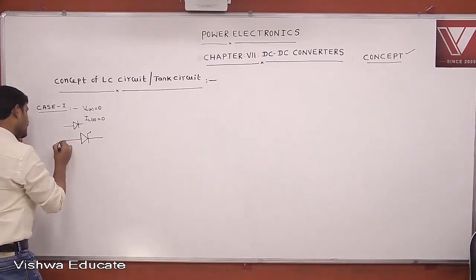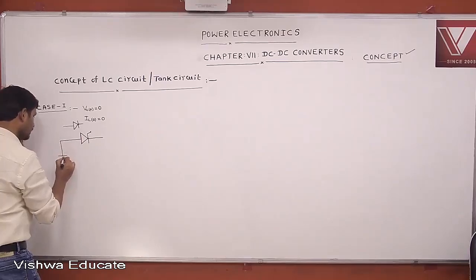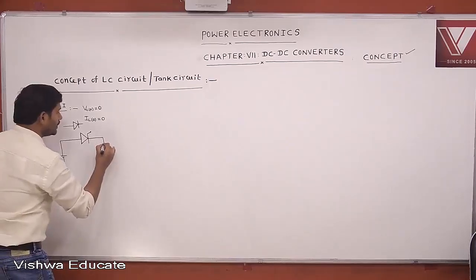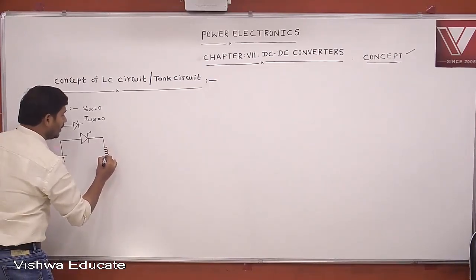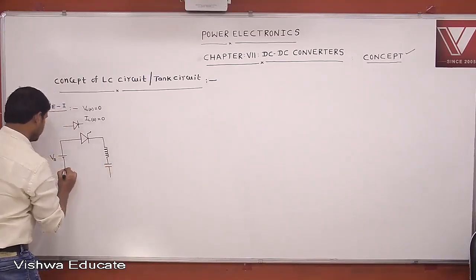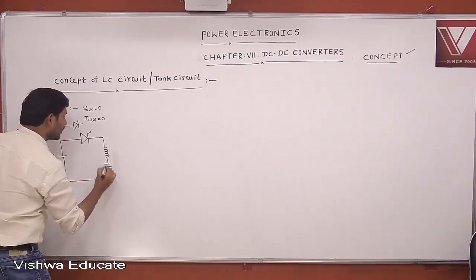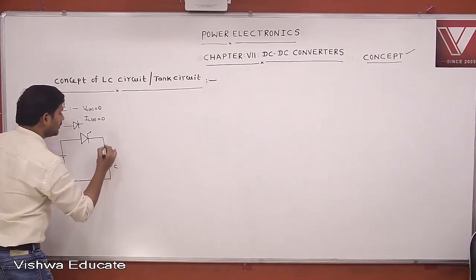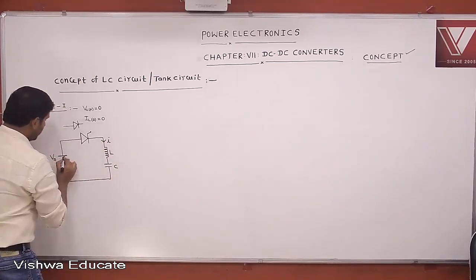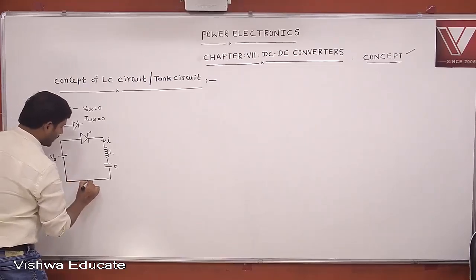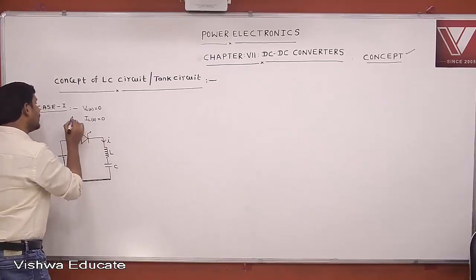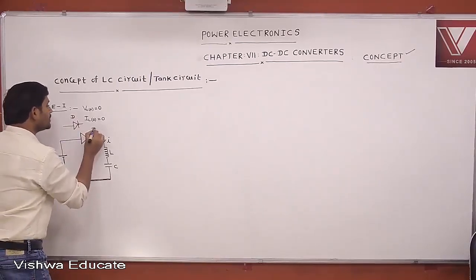Let the supply voltage be Vs, this is L and this is C. Let the current in the circuit be I. There is no initial voltage across the capacitor and no initial current in the inductor. With that assumption I am explaining.